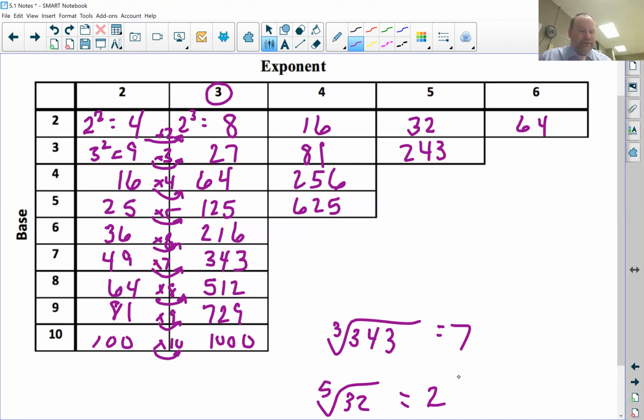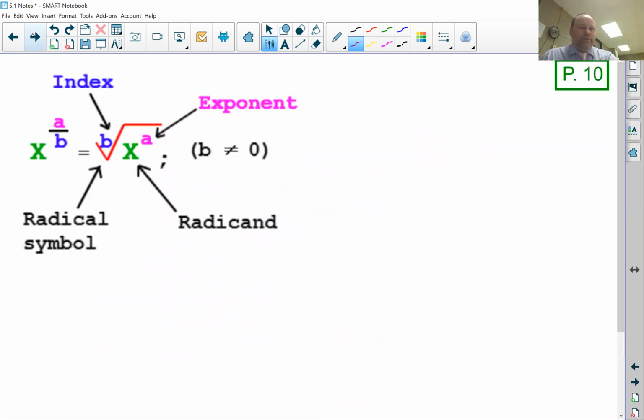All right, so how is this going to help with radicals and other things? When we have a radical expression, like the b for our index, a for our exponent, b cannot be 0. We can write this as x to a power. So x is to the a divided by b power.